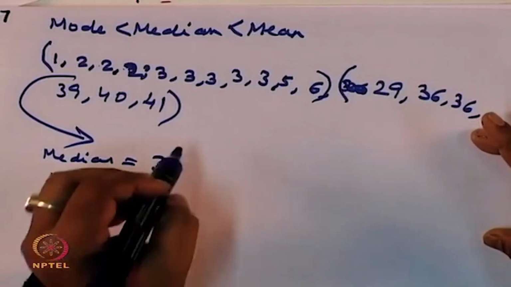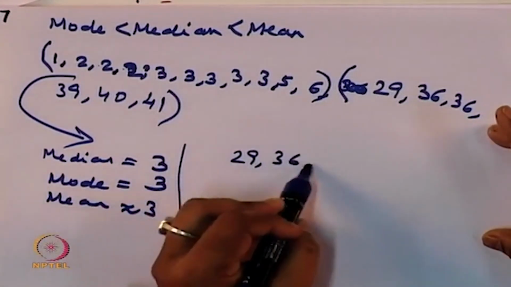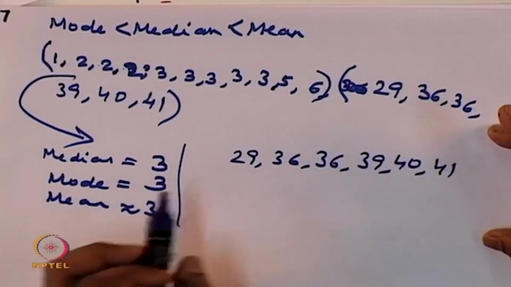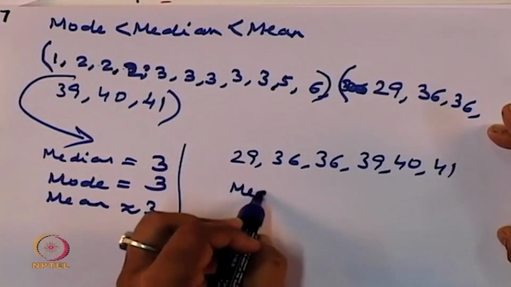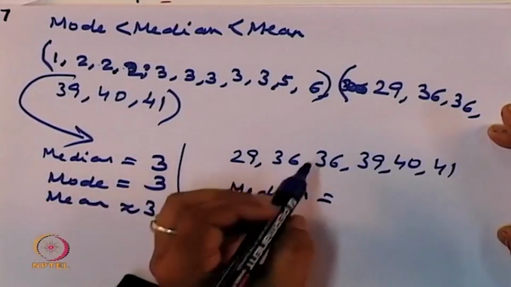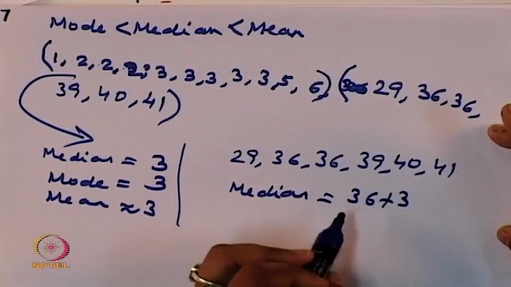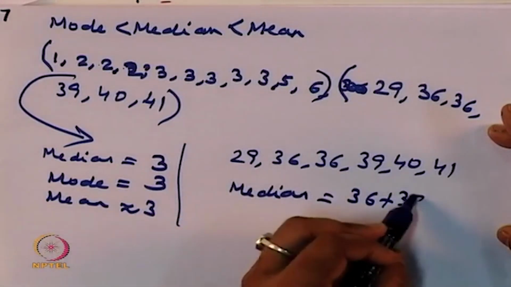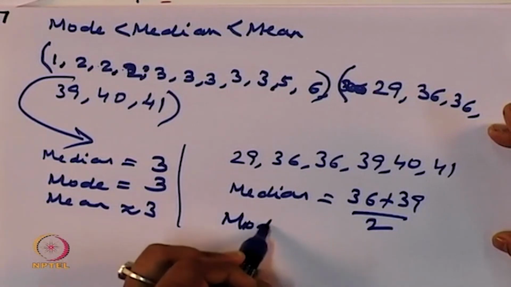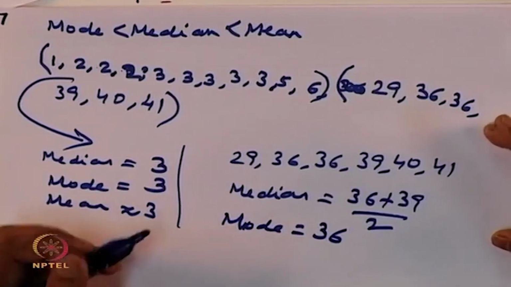And for this set you have numbers 29, 36, 36, 39, 40, 41. For these numbers my median is going to be 36 plus 39 by 2. My mode is equal to 36, and median will be somewhere in between.